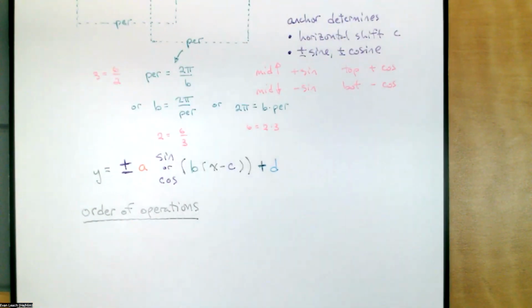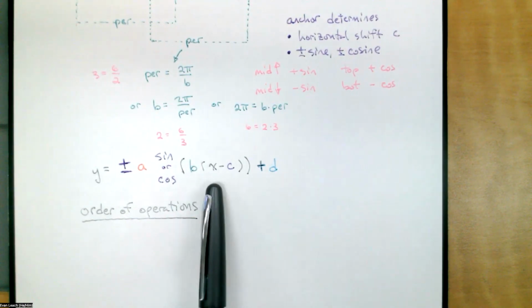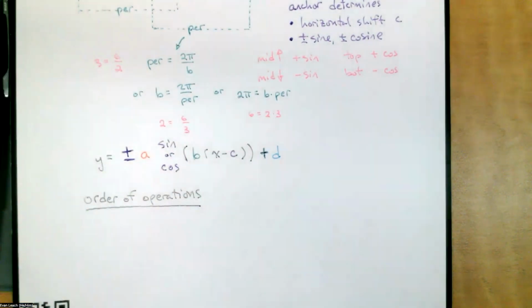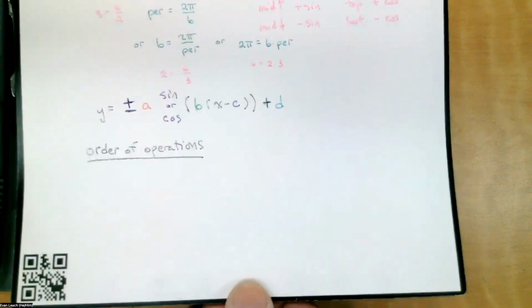I want to think about what happens to turn our input x into the output y, and use that to compare it to what happens to the graph.